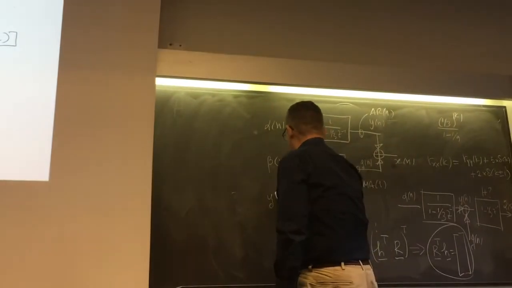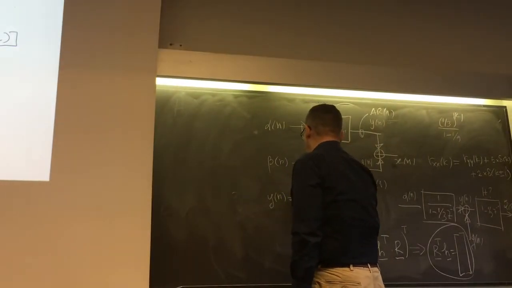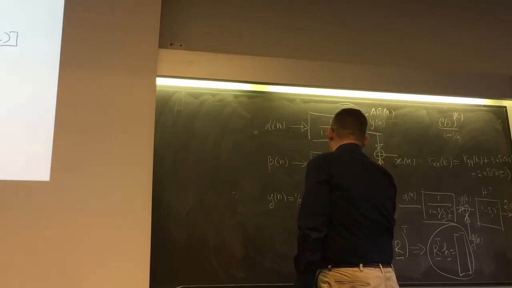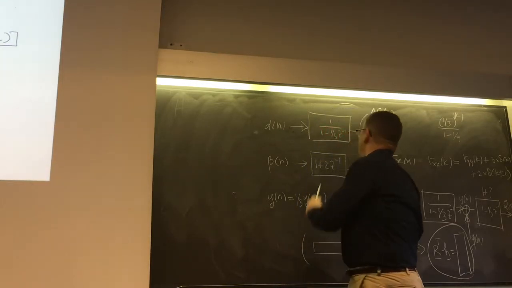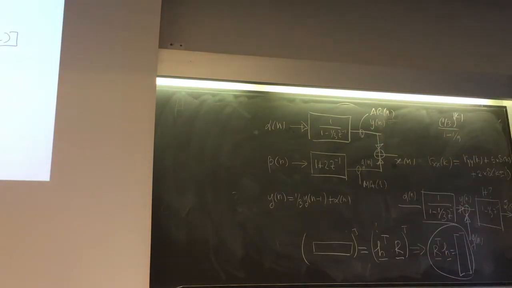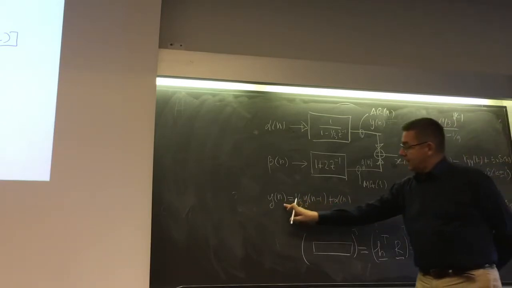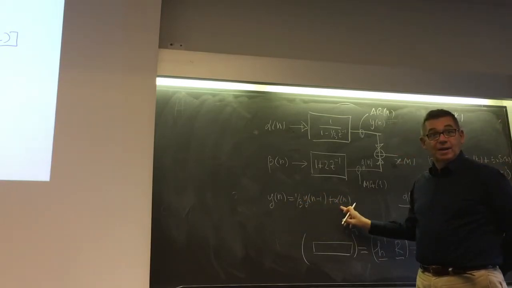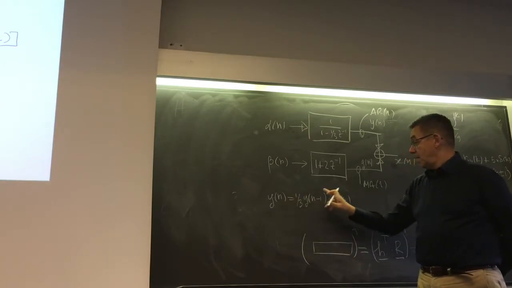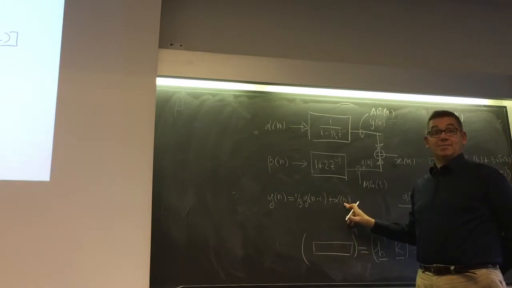So yn is equal to 1/3 yn minus 1 plus alpha n, because of the finite difference formula. That means that yn depends on alpha n. Yn minus 1 depends on alpha n minus 1.